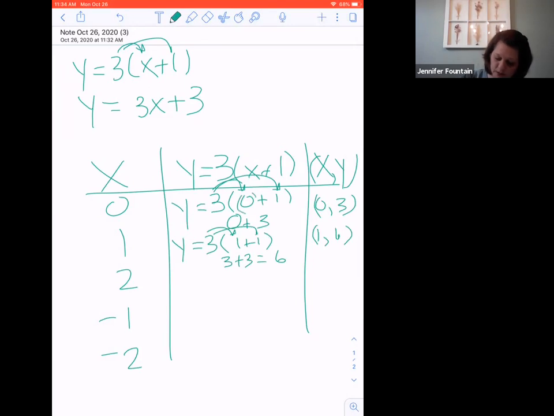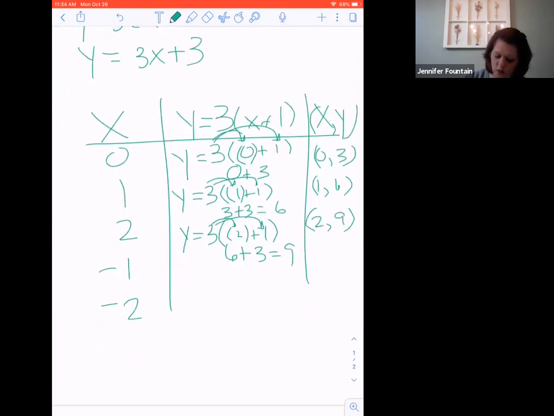And I'm sorry, I didn't put these in parentheses. Y equals 3 times 2 plus 1. 3 times 2 is 6. 3 times 1 is 3, so that's going to be 9. Y equals 3, if I had my -1 plus 1. 3 times -1 would be -3, and then 3 times a +1 would be +3.